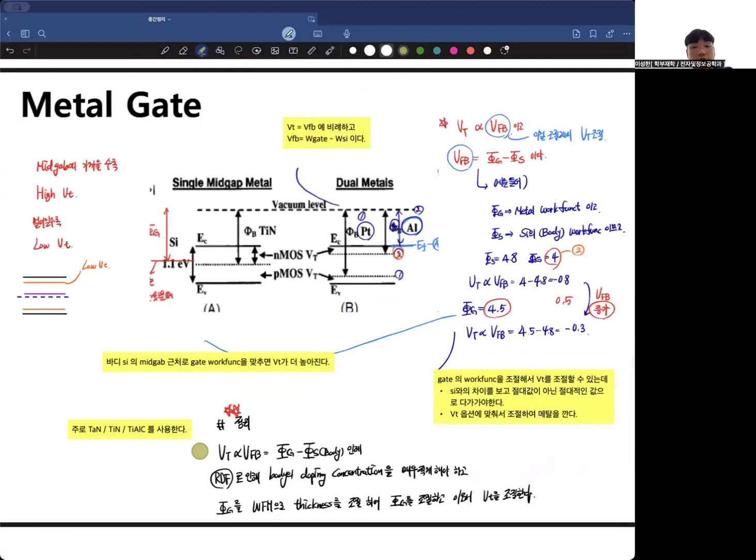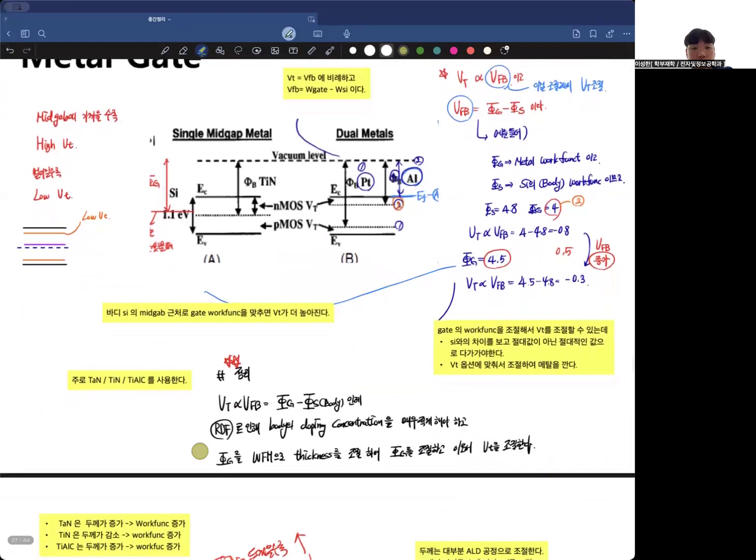For the metal gate, we can combine several components into one metal gate. It means a work function metal gate. We can combine several different metals whose work function properties are different, and mix them together.